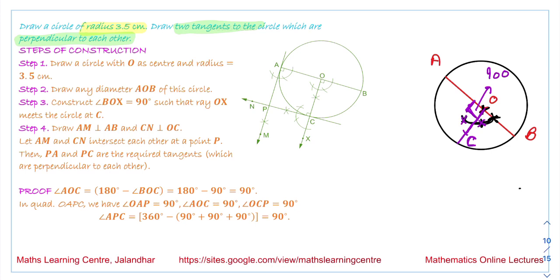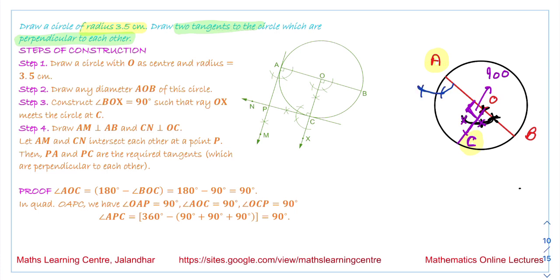So we have constructed the line OC at an angle of 90 degrees to AB at the point O. Now the next thing we have to do is construct the tangents at the points A and C. To construct the tangents at these 2 points, we have to mark an angle of 90 degrees at both these points. So at A we have marked an arc, then we have marked 2 more arcs.